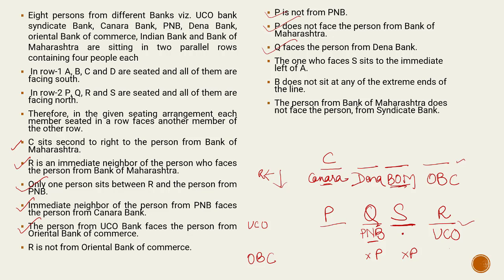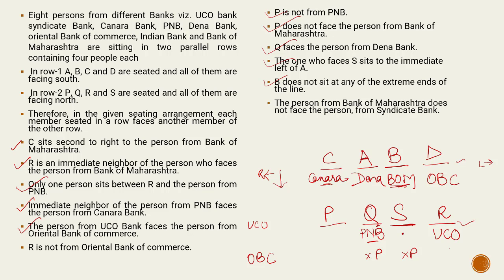The one who faces S sits to the immediate left of A. So that means this particular position belongs to A, because this row is south facing and this is their left. B does not sit at any of the extreme ends of the line, confirming that B will go with Bank of Maharashtra, leaving the only possibility for D, that D should belong to Oriental Bank of Commerce.